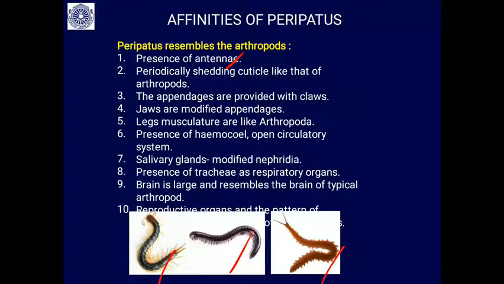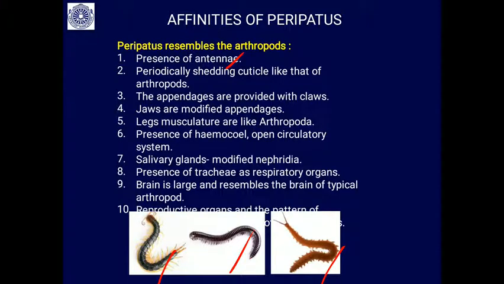The peripatus also sheds its skin before growth; you will see periodical casting, ecdysis, which you have studied. The appendages are provided with claws similar to arthropoda. The jaws are modified appendages, similar to the mandible in the prawn. Both are modified appendages.